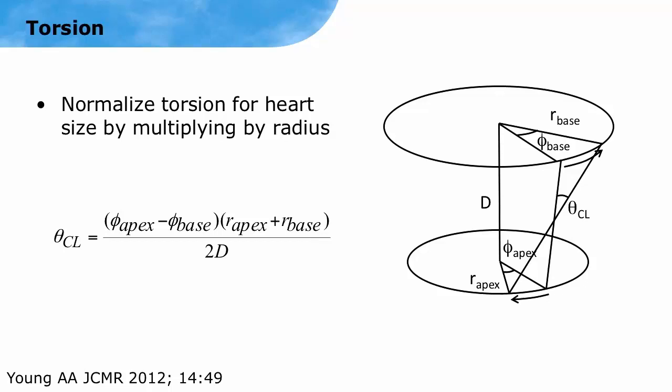So if you don't do this, then you'll get a different torsion in children and adults and mice and rodents from humans. We know that torsion is very conserved across the whole mammalian species. So if you use this formula, you should get about the same torsion no matter if you're doing it in mice or men.